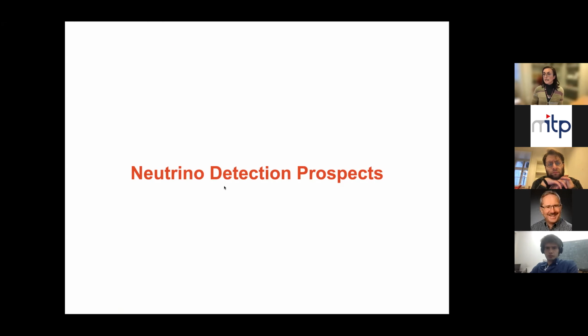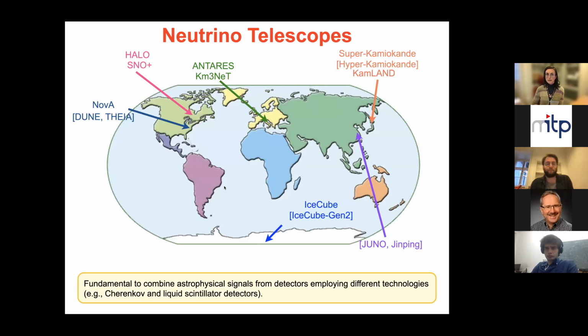So what are then the detection prospects of neutrinos after they leave the star for a supernova burst? And here you see an ensemble of neutrino detectors that are specifically sensitive to supernovae. The ones in parentheses are under planning or construction. So at the moment we have several of them.